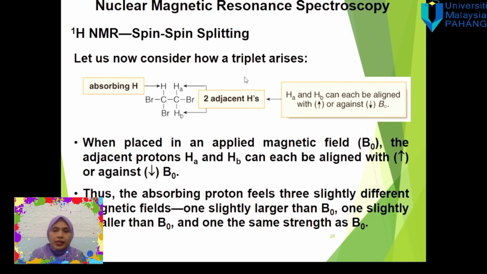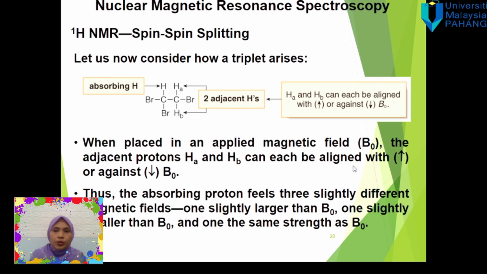And let us consider, for example, here, let's say I'm labeling this one. They show us why the signal of this H is a triplet. All these notes want to explain why this signal becomes a triplet, because the neighboring protons from the adjacent carbon are 2.